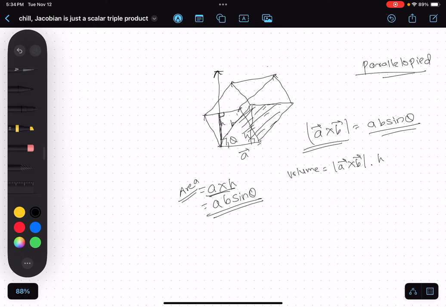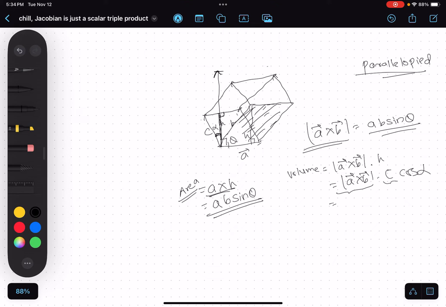Now let's say this third vector makes an angle of alpha with the height, and its length is just c, then h will be c cos alpha, right? So this will just be a vector cross b vector times c cos alpha. Now notice that the angle between a vector cross b vector and c is also alpha, right?